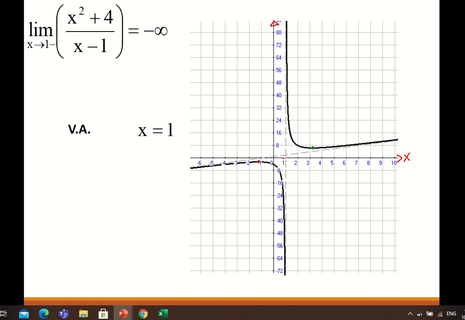This is the origin, the intersection between the x and y-axis. We have x equals 1 at this point here, so draw a vertical line. That would be the vertical asymptote, x equals 1, the red one.